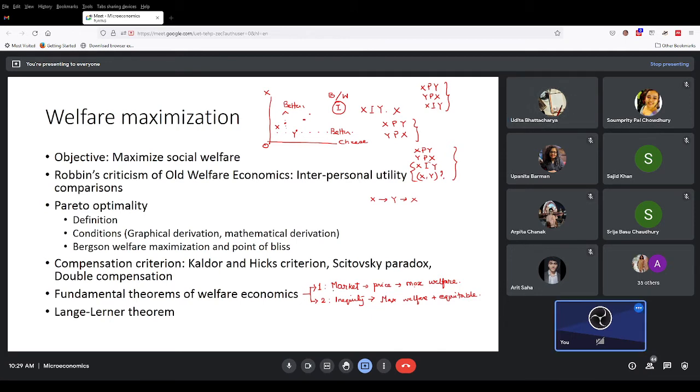Yeah. What we are seeing over here is that we start from a position where there's a given endowment of labor, capital, income, and so on. Let us suppose that the initial distribution of resources is unequal.